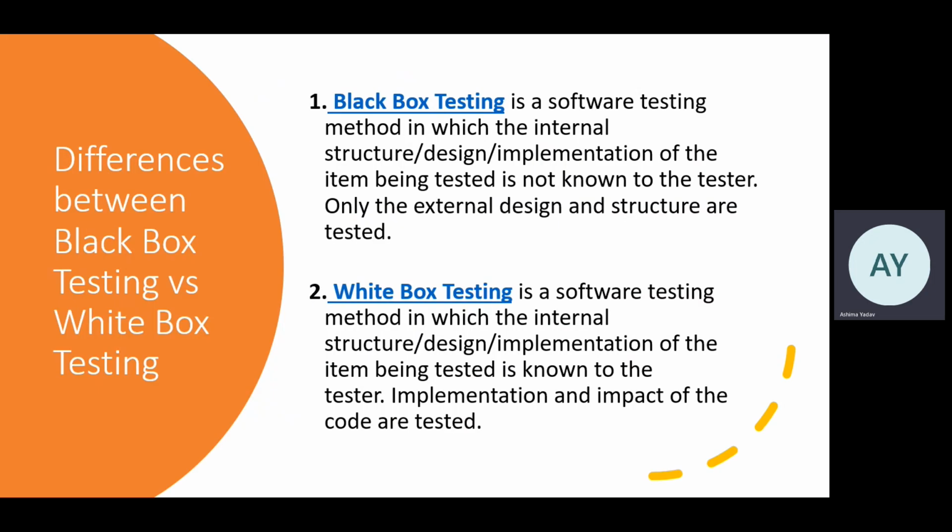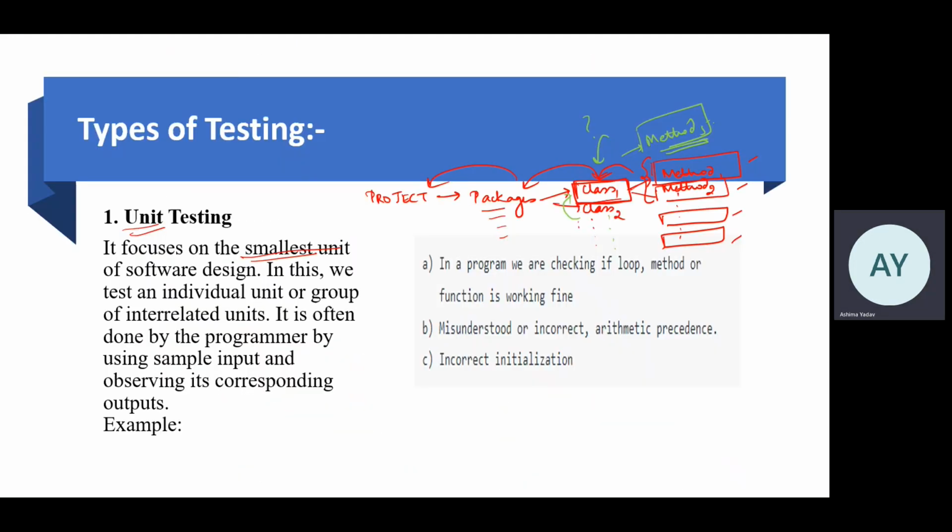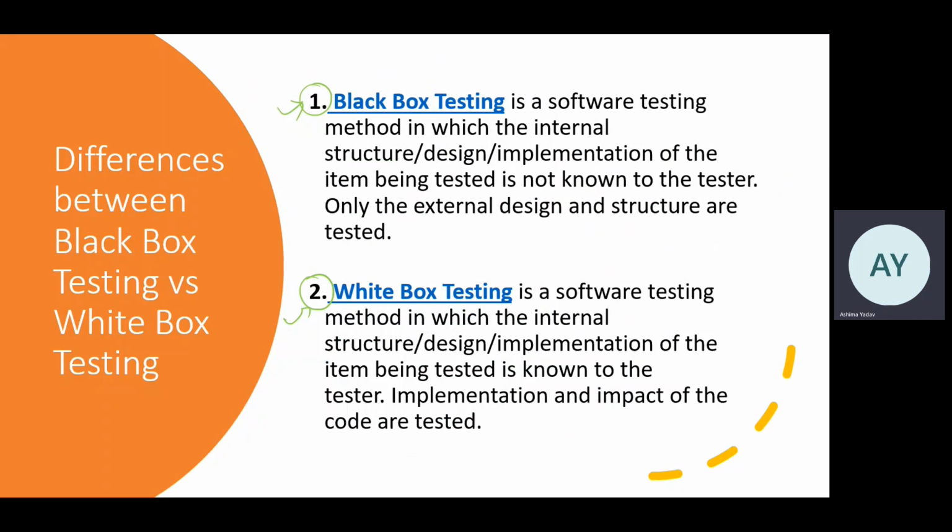Now, next, the various testing that we have just discussed come under two broad categories of testing, which are the black box testing and the white box testing, which we have just shown in this graph. Again, what exactly are these two types of testing?